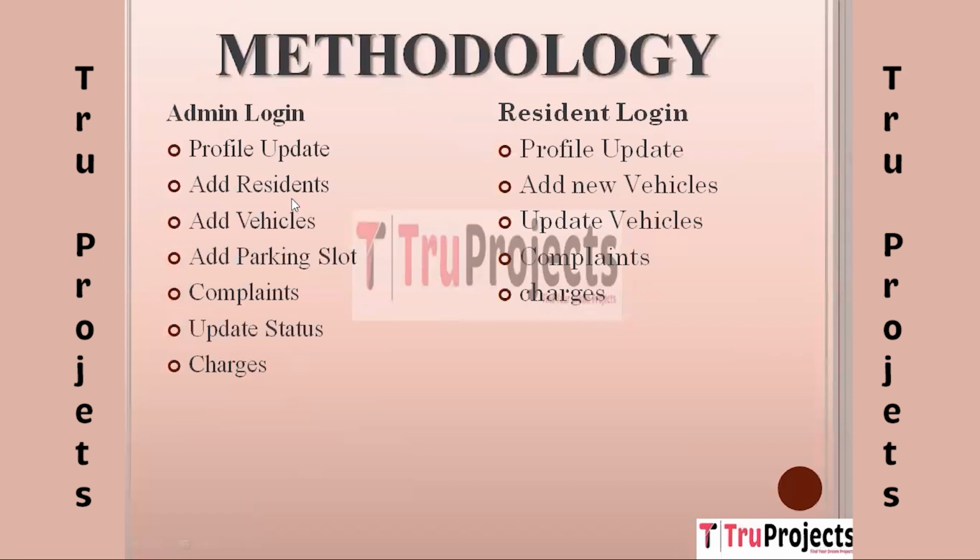Add residents. This module will empower admins to input essential resident details such as floor number, door number, and other relevant information. They will also be able to view a comprehensive list of residents, make updates, or remove resident entries. Additionally, admins can perform searches based on phone numbers or names.